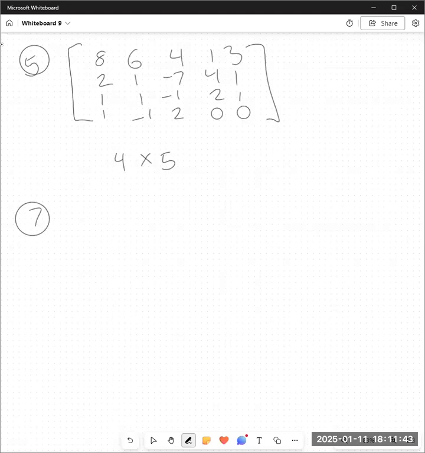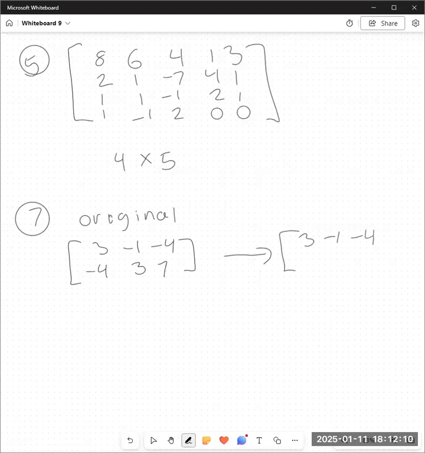It asks us to identify the elementary row operation or operations that are happening. Our original matrix is 3, -1, -4, -4, 3, 7, and we're doing something to it to get 3, -1, -4, 5, 0, -5.